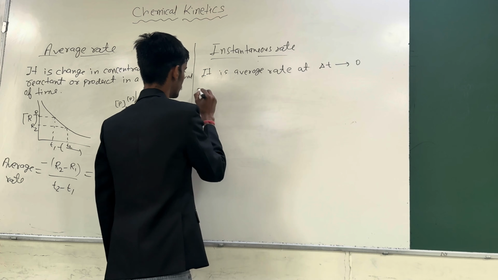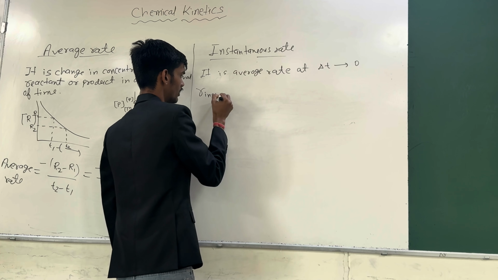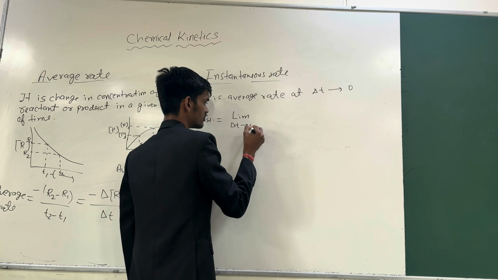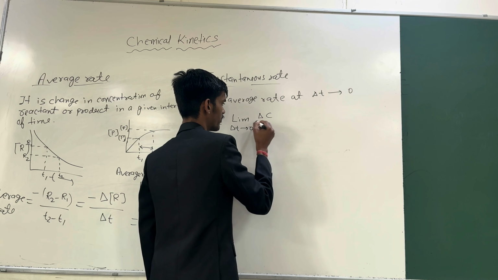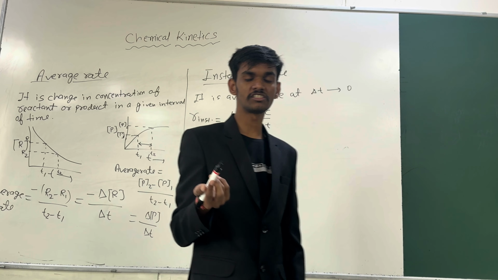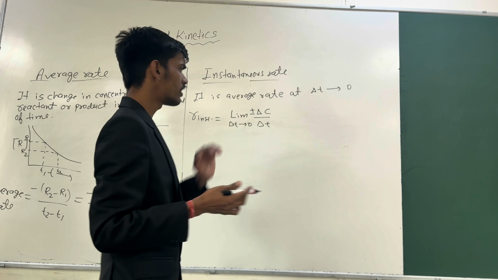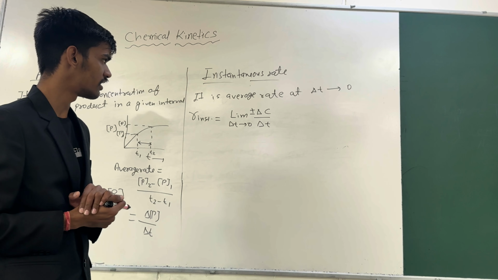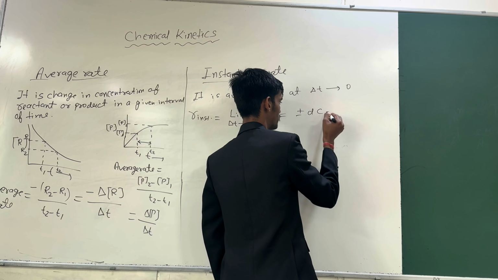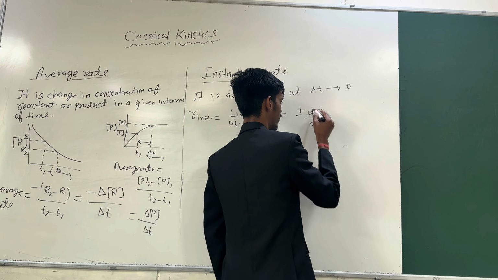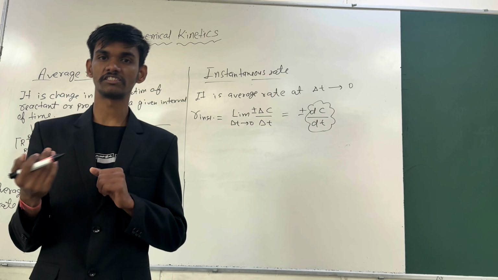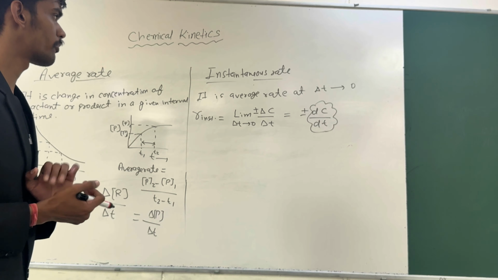So R instantaneous will be the limit as delta t tends to 0 of plus or minus delta C by delta t. Plus is for product and minus is for reactant, and this can also be written as plus or minus dC by dt. As we know from physics, dC by dt is basically the slope of the graph.